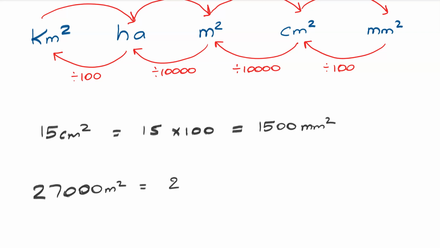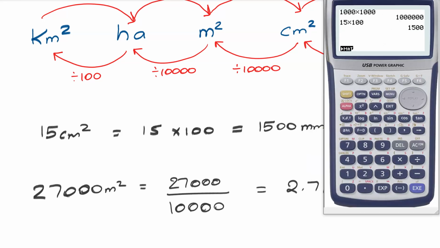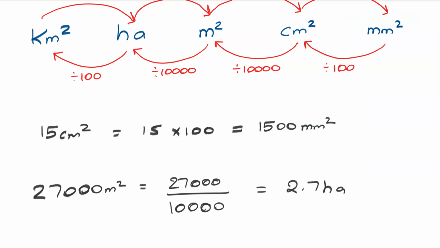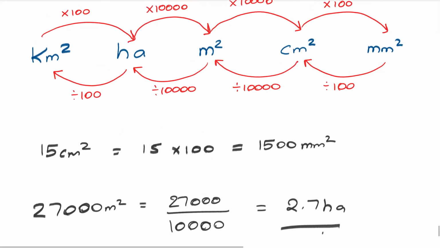What we'll do is go 27,000 divided by 10,000, which is 2.7 hectares. And you can check on your calculator as well. You can go 27,000 divided by 10,000, which is 2.7 hectares as well. So it's important to put your units there. No matter what you're converting, remember to put your units down there as well.